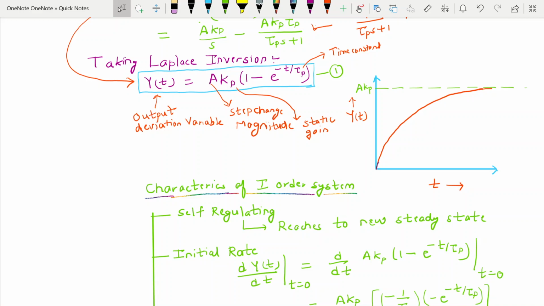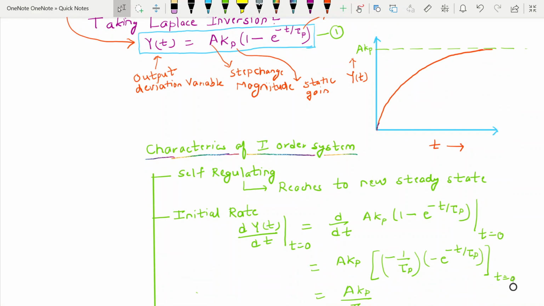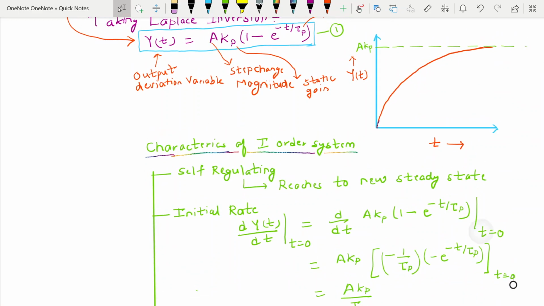So if I plot this equation and if I take t on x-axis and y(t) on y-axis, and if I plot the graph between t and y(t), so we get a graph like this. It is an exponential graph.